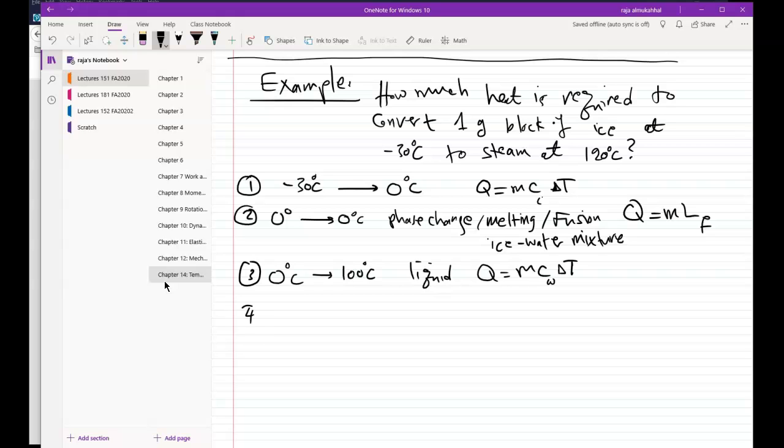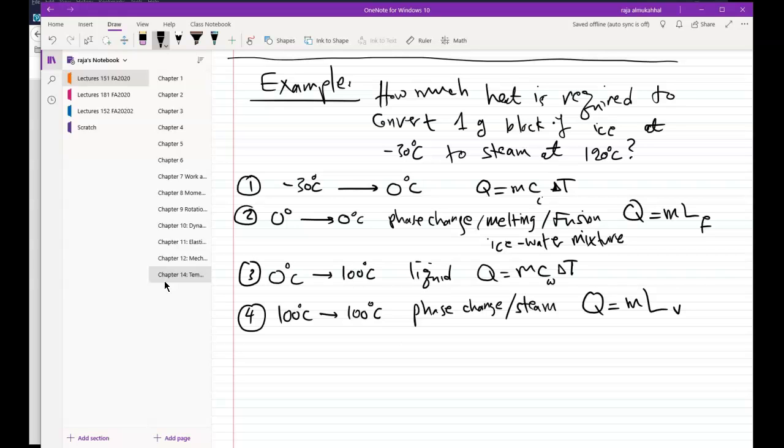And then the fourth step is from 100 degrees all the way to what? 100 degrees. It's nothing but a phase change here. So this is a phase change as well. It's steam or vapor, whatever you want to call it. And it is Q equals mL sub V, latent heat of vaporization.